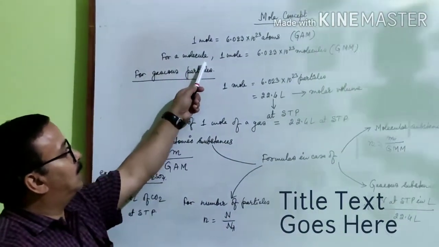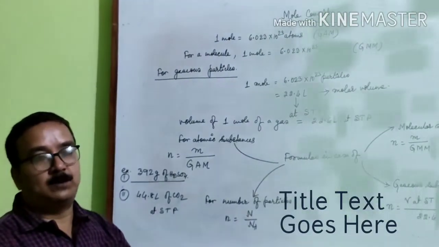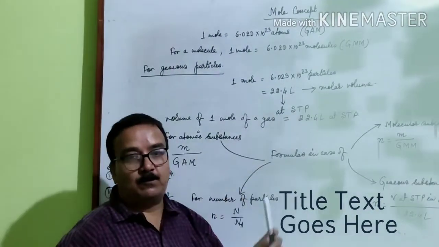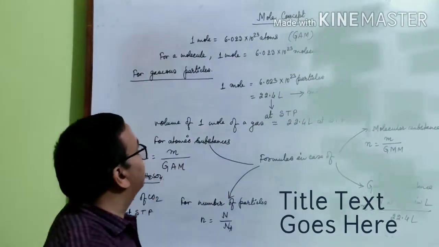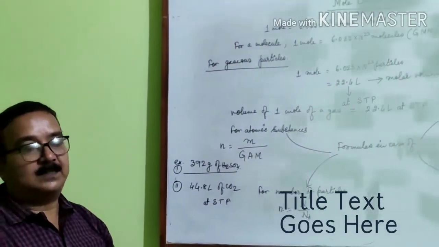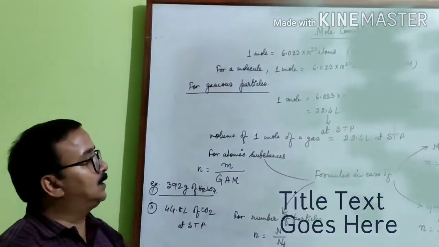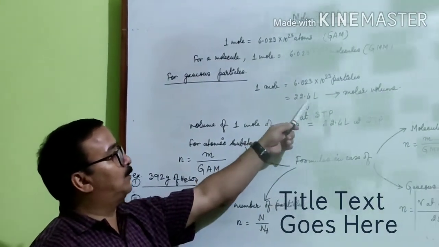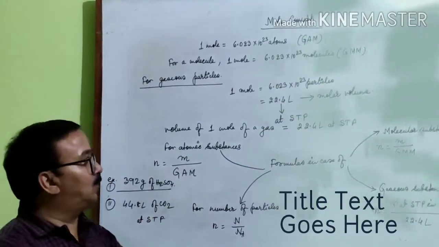For molecules, 1 mole is equal to 6.023 into 10 to the power 23 molecules. Molecule is involved here, therefore we will use GMM, gram molecular mass. Now for gaseous particles, particles in the gaseous phase, 1 mole is equal to 6.023 into 10 to the power 23 particles, which is equal to 22.4 liters, and 22.4 liters is known as the molar volume.